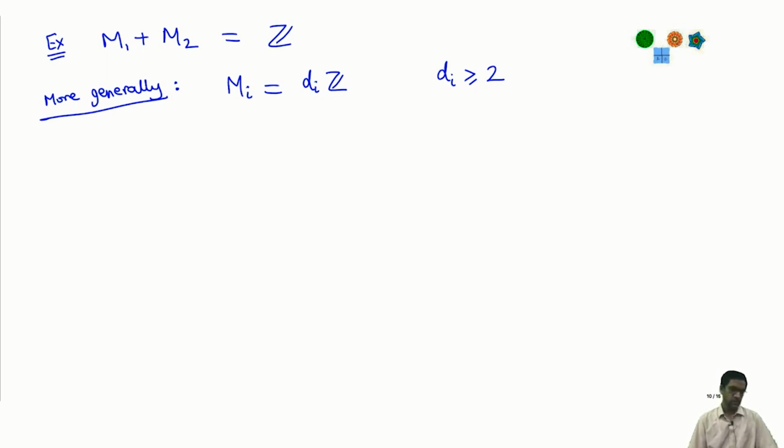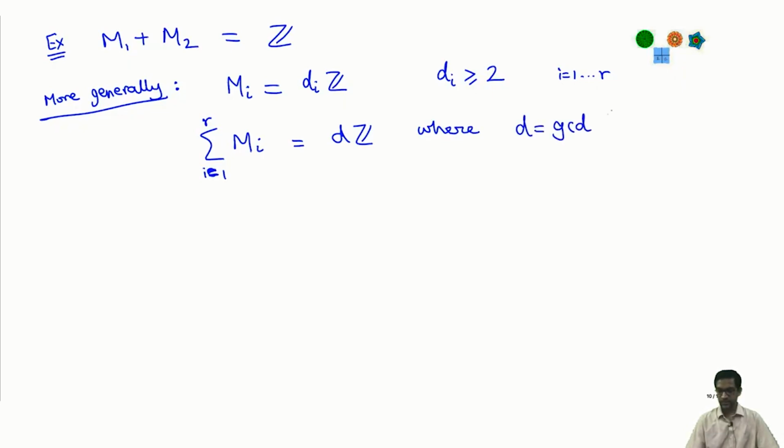If I have a finite collection of submodules, with i going from 1 to some r, multiples of d_1, multiples of d_2, and so on, then their sum, a submodule of Z, is nothing but dZ. It's again a submodule of the same kind, where d is nothing but the GCD of all these numbers. This is maybe something you've seen before, but just put in the language of submodules rather than ideals.